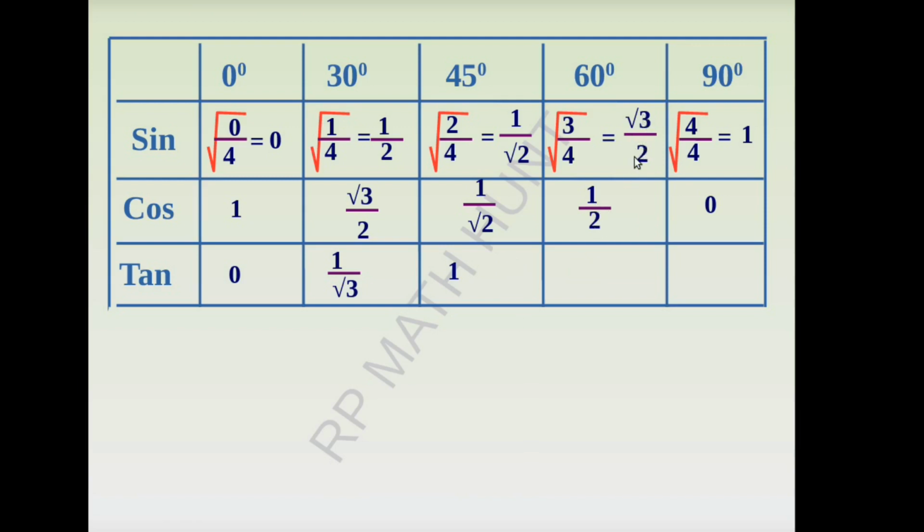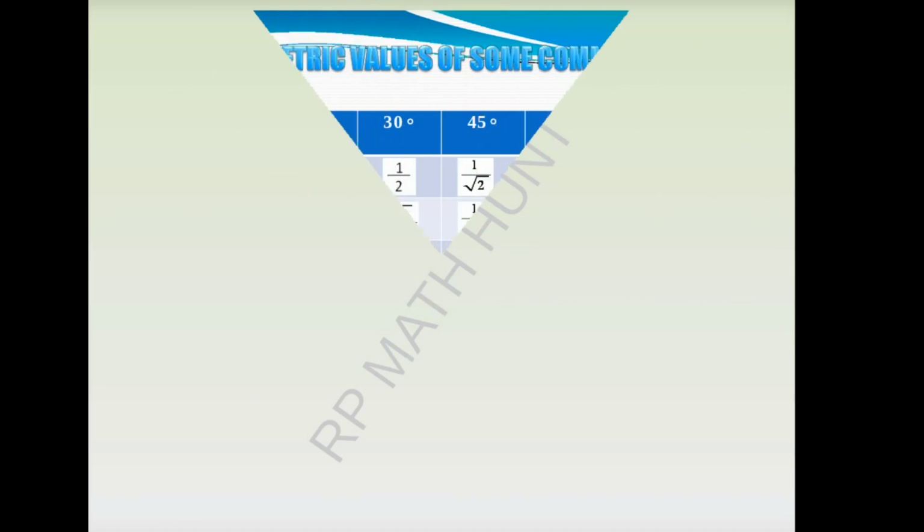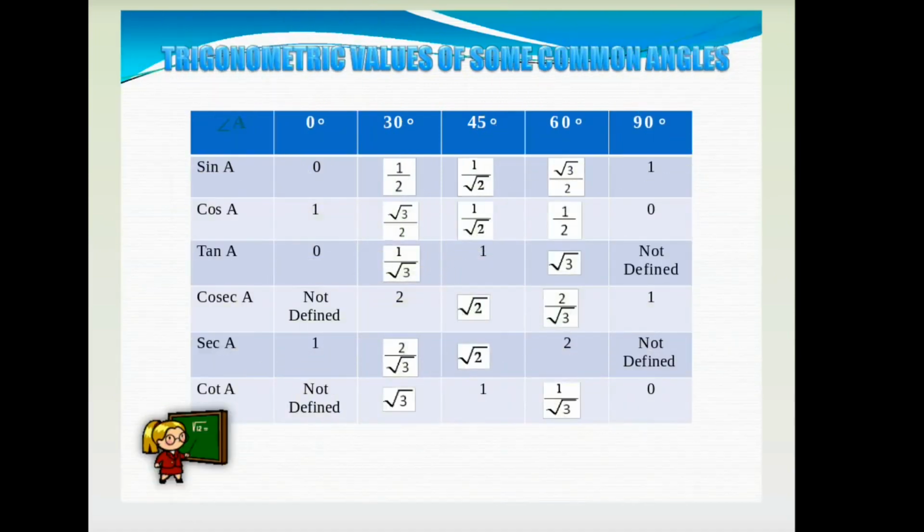That's it. All the reciprocals of these ratios will be the other 3. Cosec, sec and cot are reciprocal values of sine, cos and tan respectively.